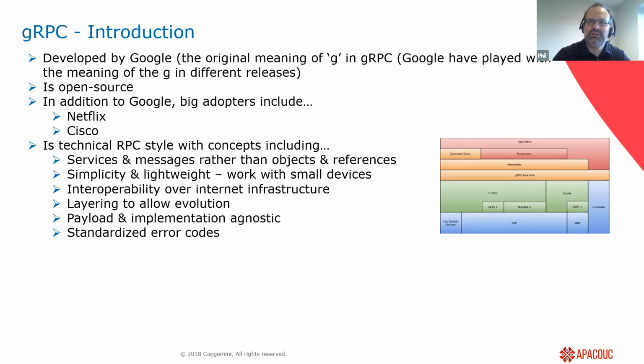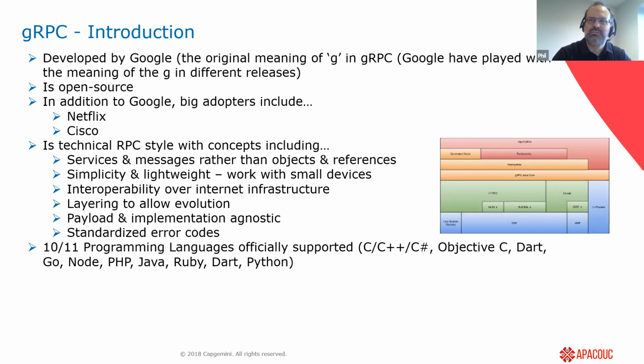It's payload and implementation agnostic, which means that you're not bound to a platform representation of text and things like that. But that was also a bit of a challenge, as you'll see.